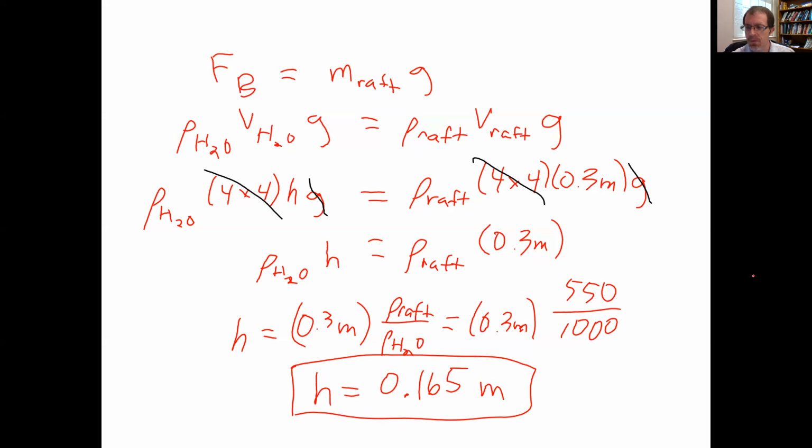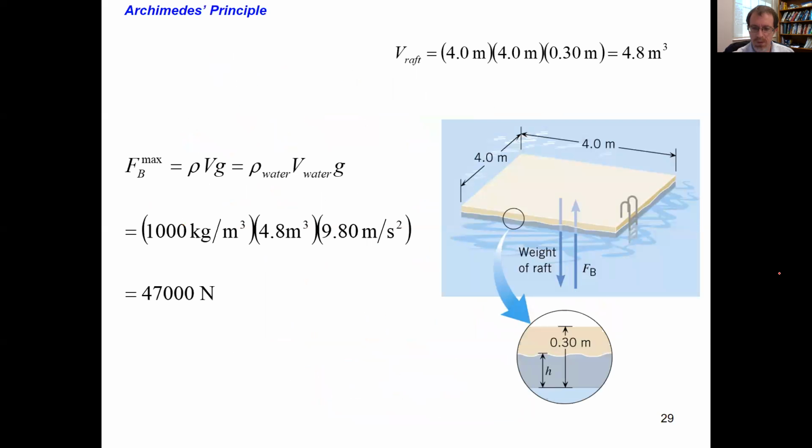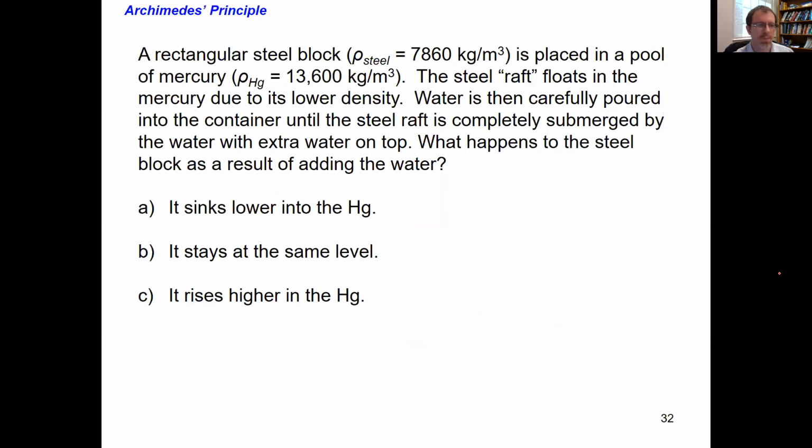I've got one more thing here that I want us to think about a little bit. Let's say that we've got a rectangular steel block and we've got some mercury available. Now, steel is less dense than mercury.